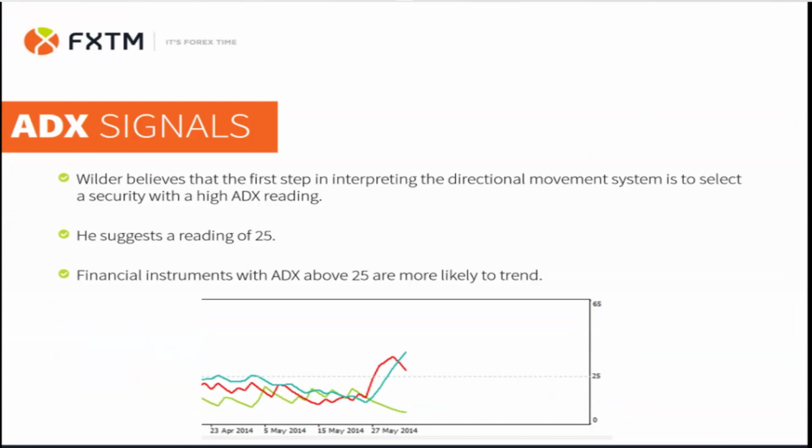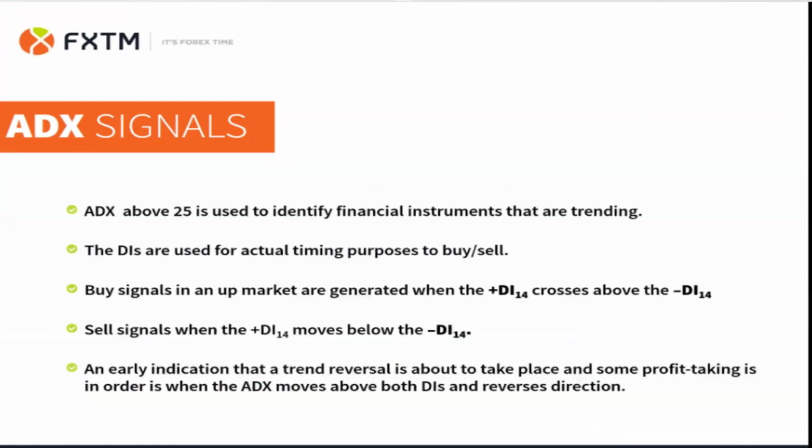This is how the signal looks. ADX above 25 is used to identify financial instruments that are trending, because ADX above 25 tells you that the instrument is worth trading. The DIs are used for actual timing purposes, to either buy or sell.